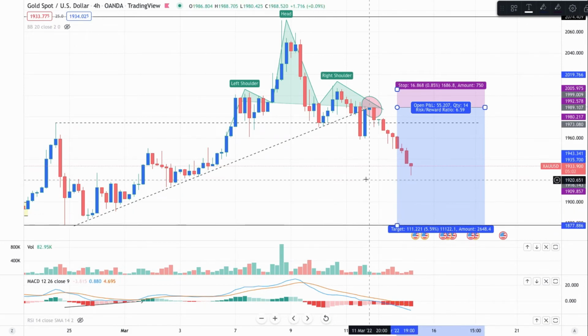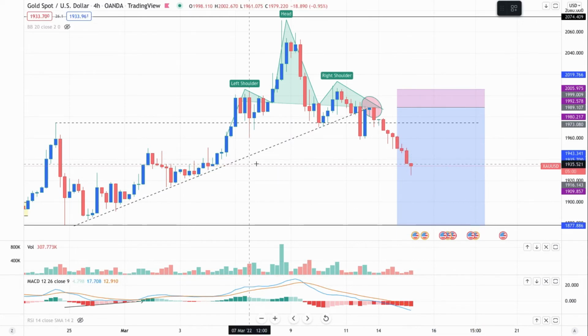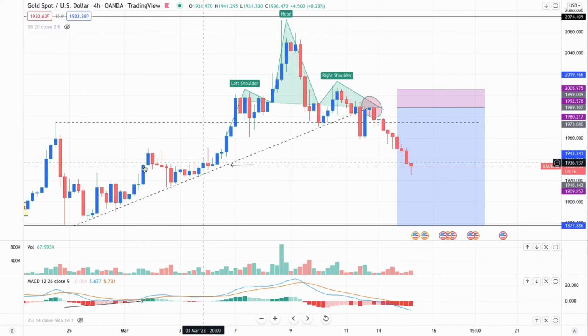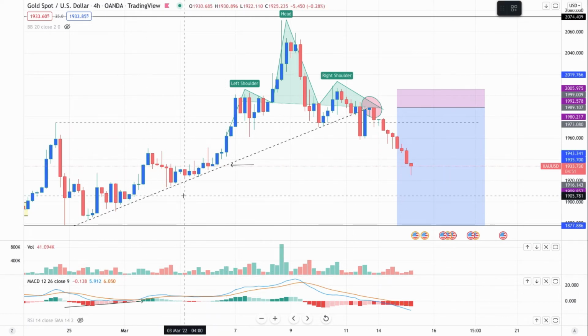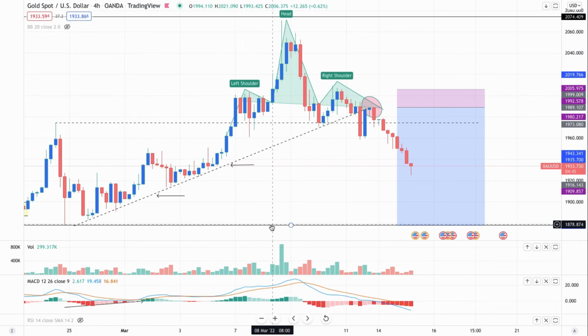I do have targets along the way. This is my first target right here, which is previous price structure. I then have a second target, which is right here, previous price structure. And then my third target is right at the bottom, the 1877.8 level.